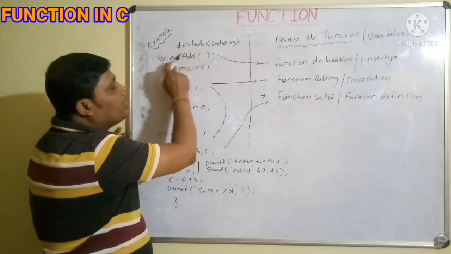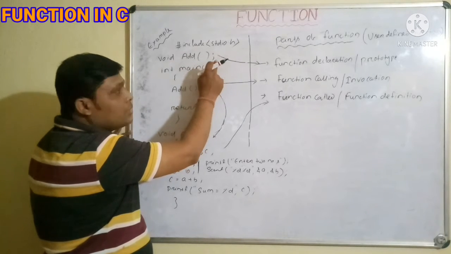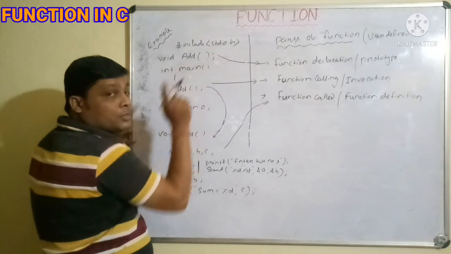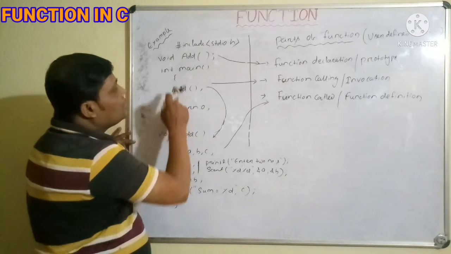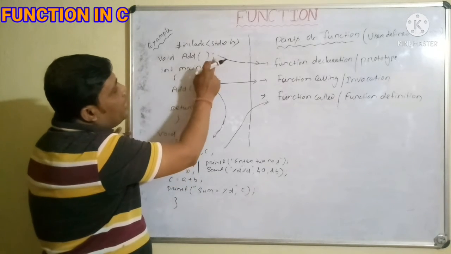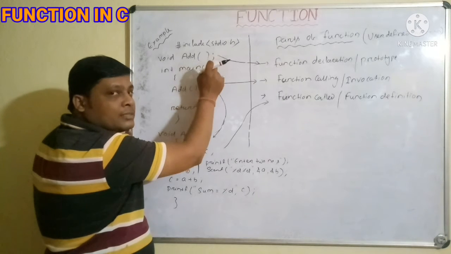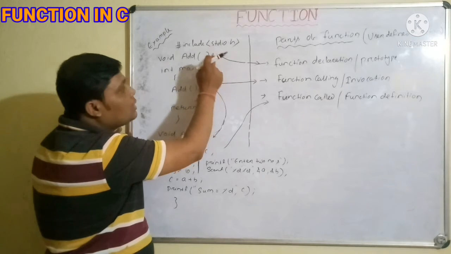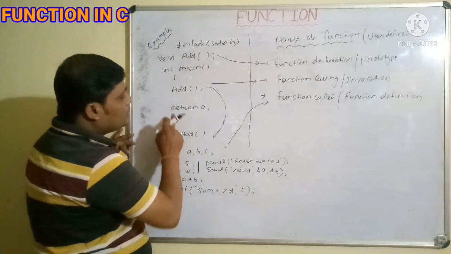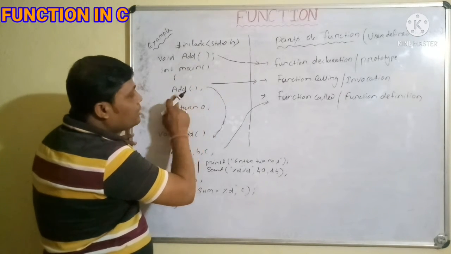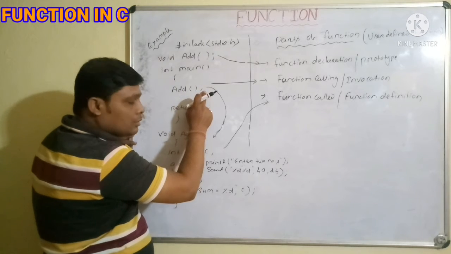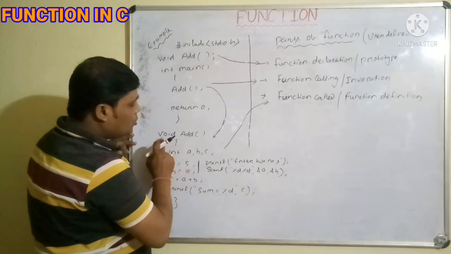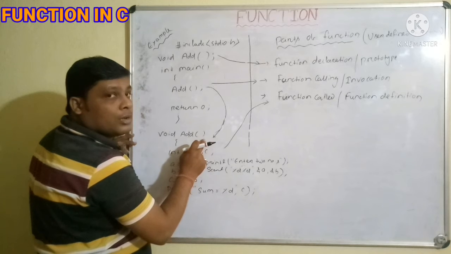At the end of the prototype of a function, there is a semicolon. This is very important. At the end of the calling part, there is a semicolon. But you can see there is no semicolon at the end of the definition header part.